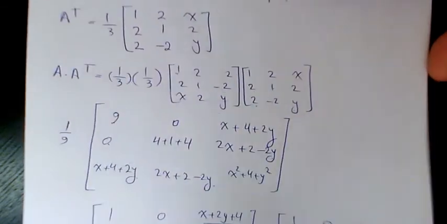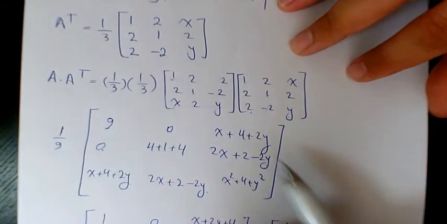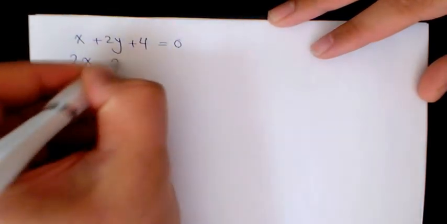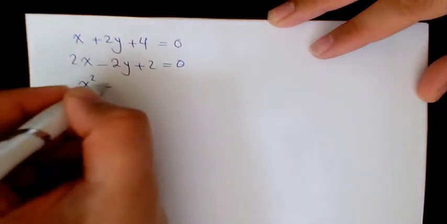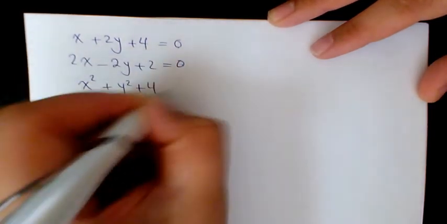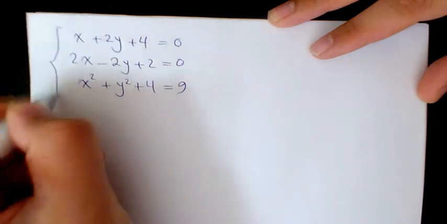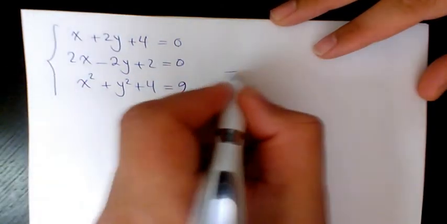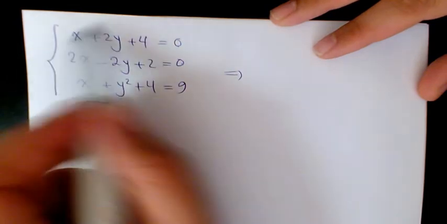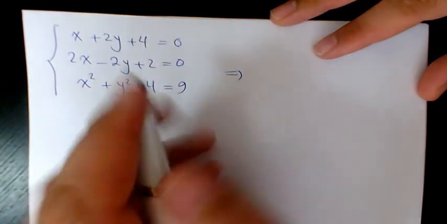So I'm going to write it in here. x plus 2y plus 4 equals 0. 2x minus 2y plus 2 equals 0. And x squared plus y squared plus 4 equals 9. And when you solve it, basically we can use the first two equations.